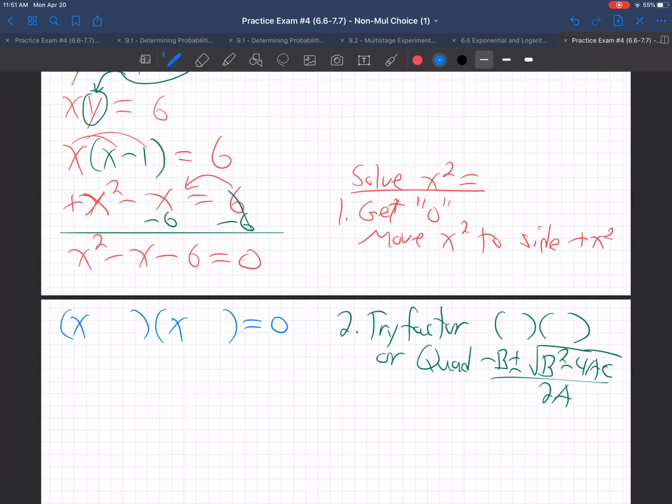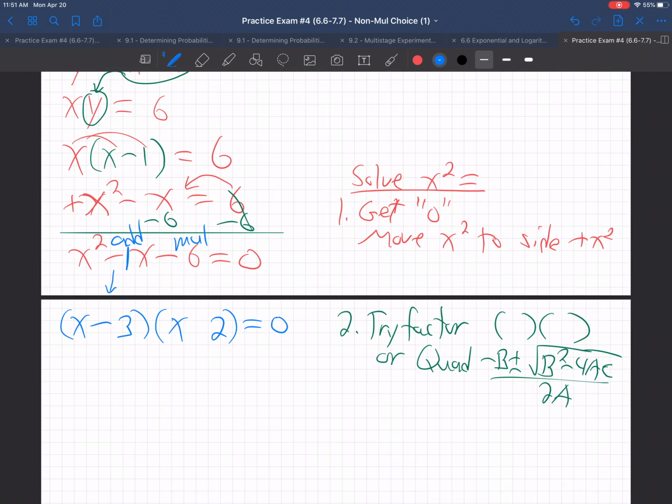So we're looking for x's in the front, because those will multiply to be x squared. What two numbers multiply to be 6? What times what is 6? Well, 3 times 2. And in the middle they have to add. How can they add to be negative 1? What signs do we need? Now remember how this works. The sign in the middle goes on the bigger one.